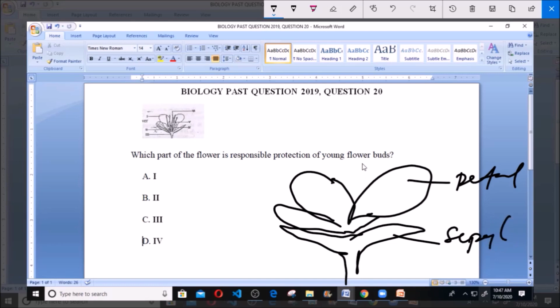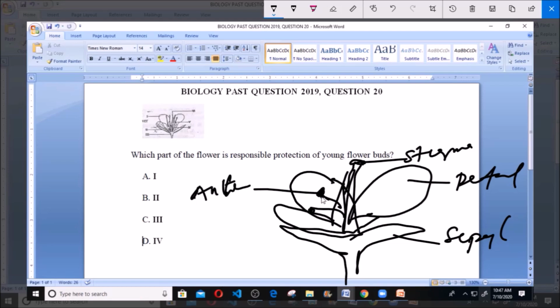Now if the flower has something like this, we can call this the stigma, and then we call this the anther, and here becomes the filament.